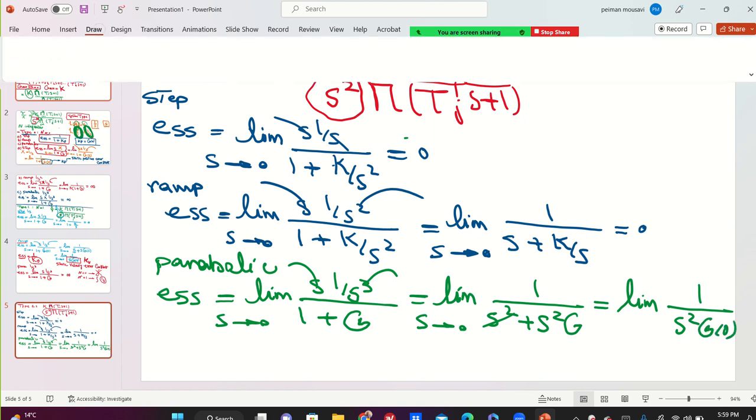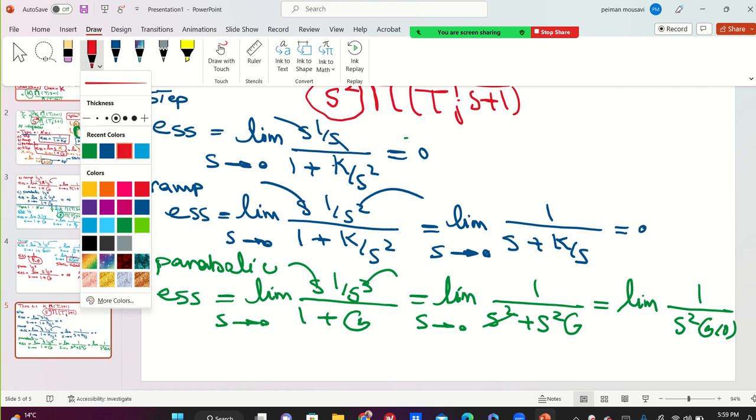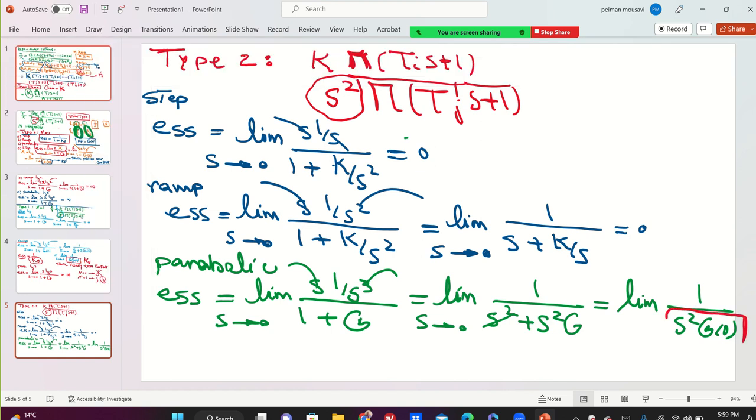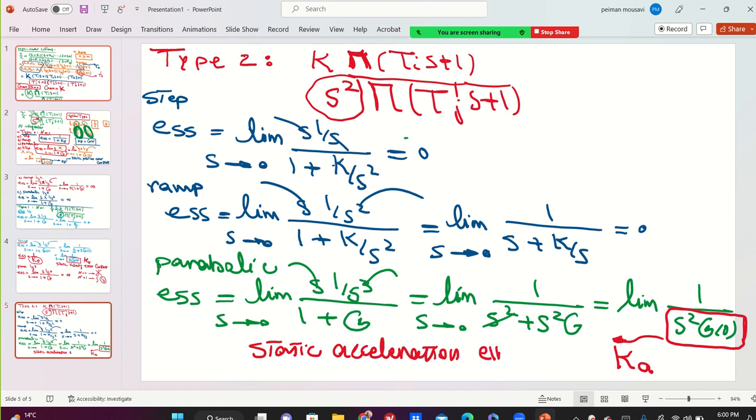The name of this in control of linear systems is Ka, which means static acceleration error constant.